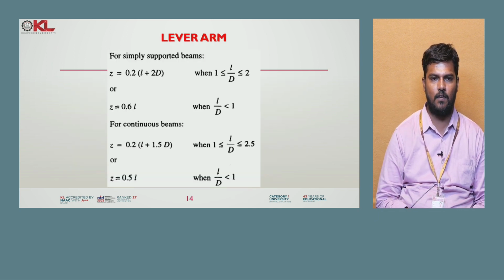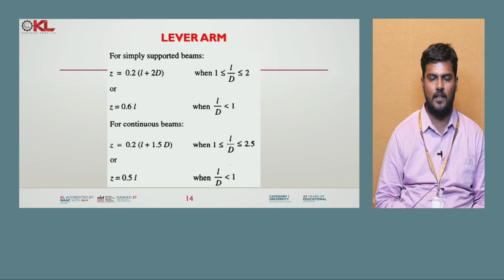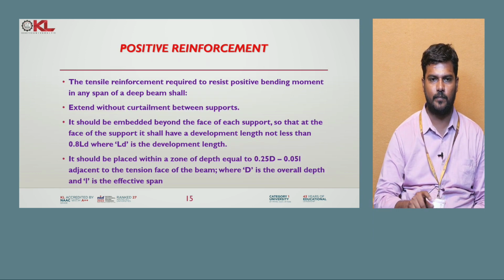Whereas for the lever arm for a simply supported beam, Z is equal to 0.2 times (L plus 2D), where L by D is between 1 and 2, and Z is 0.6 L when the L by D ratio is less than 1. For continuous beams, Z is equal to 0.2 times (L plus 1.5 D), where L by D is between 1 and 2.5, and Z is equal to 0.5 L when L by D is less than 1.